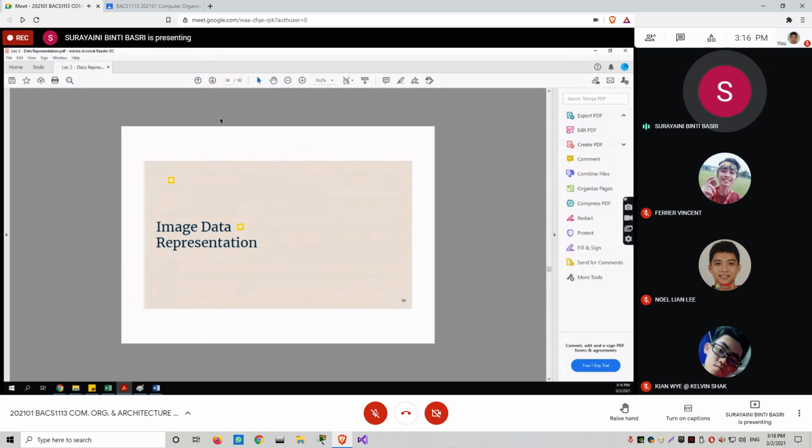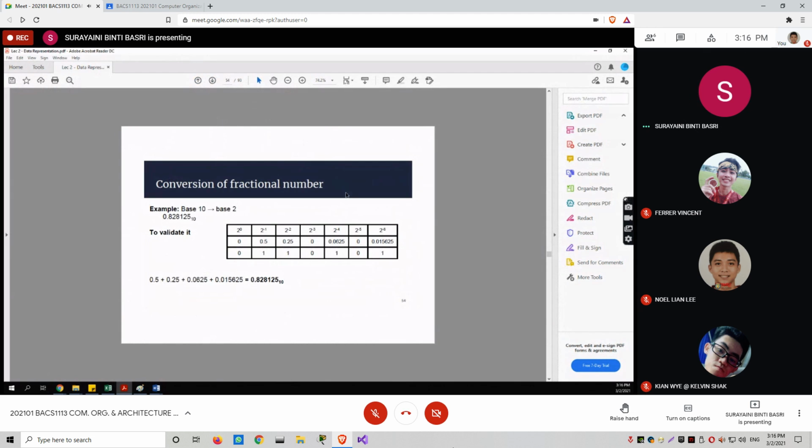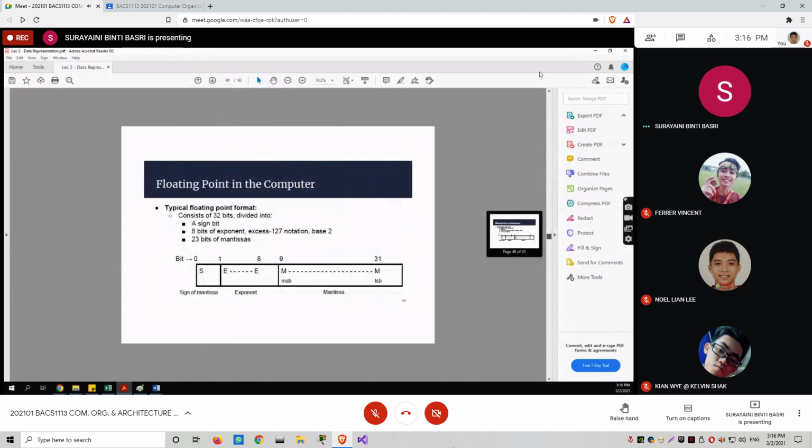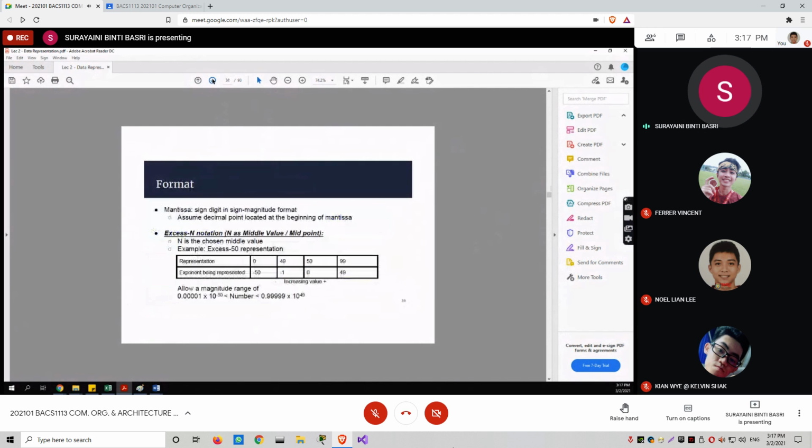So we jump the exponential and the fractional number, the floating number and then fractional number. We will get back to this later, but now we will proceed to image and audio data representations.